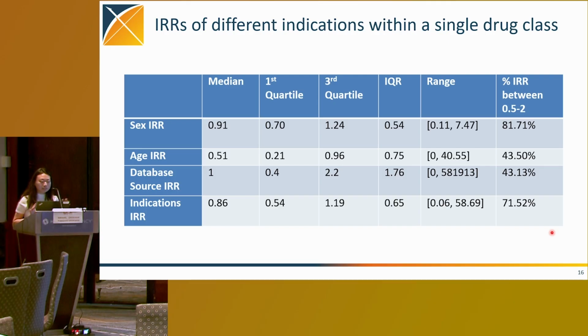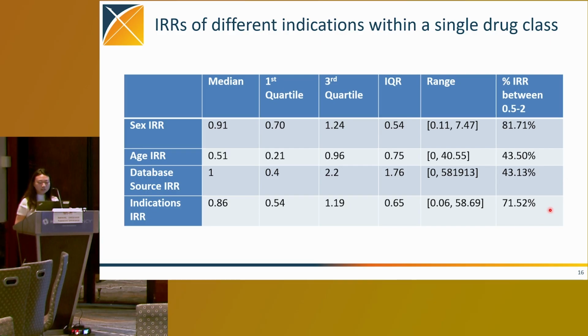Okay, all that is to say, we looked at these incident ratios for different factors like sex, age, database source, and also indications. And I've kind of just summarized the different incident rate ratio distributions here. And because it's kind of busy, I just want to draw your attention to the very last column. This is the percentage of incident rate ratios between 0.5 and 2.